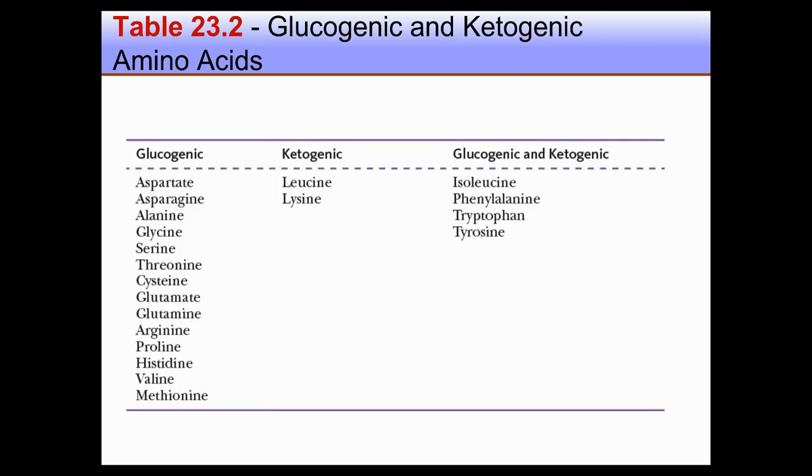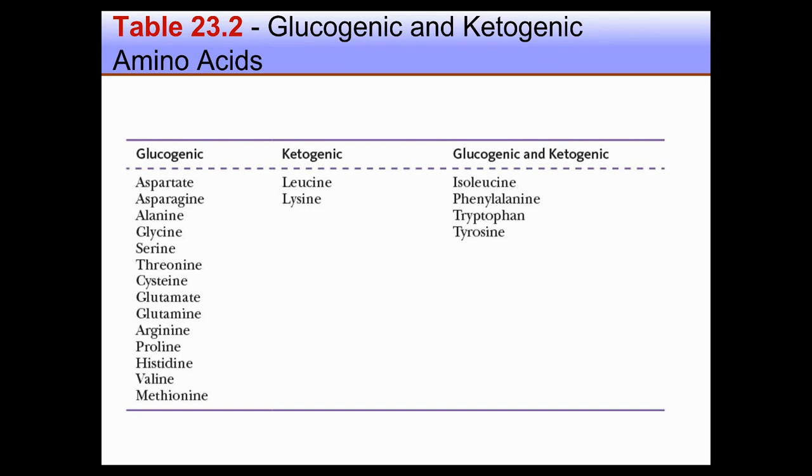So here's a listing of our amino acids. Most of them are glucogenic, meaning that they can enter in as pyruvate or oxaloacetate into gluconeogenesis to form glucose. And a couple are ketogenic only, and those can form acetyl-CoA and then form ketone bodies. And then you have ones that can do both.